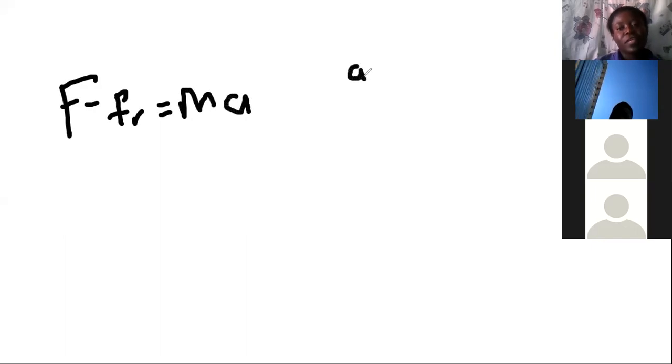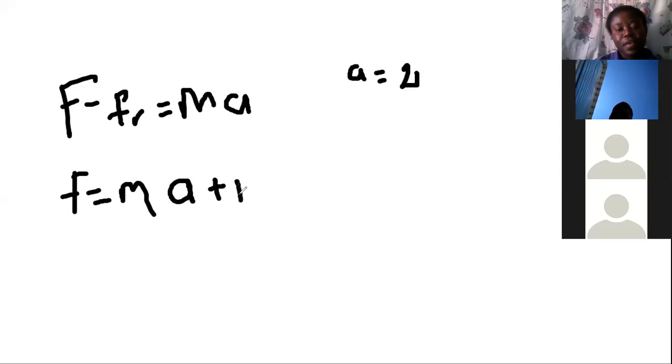If this object is accelerating with 2, then we have that force is equal to the mass times the acceleration plus the friction force.